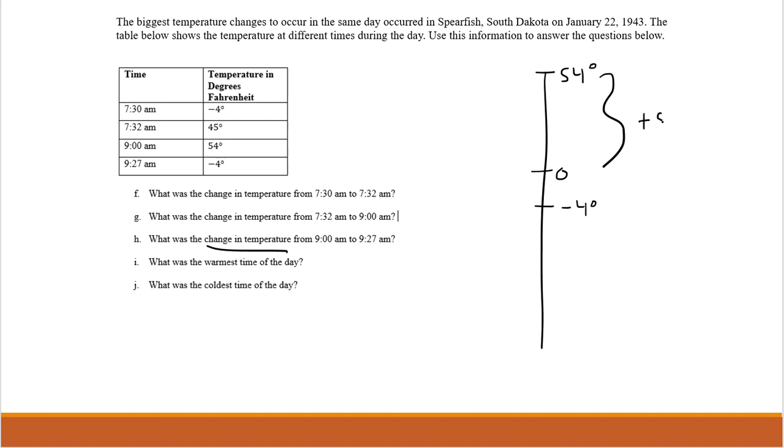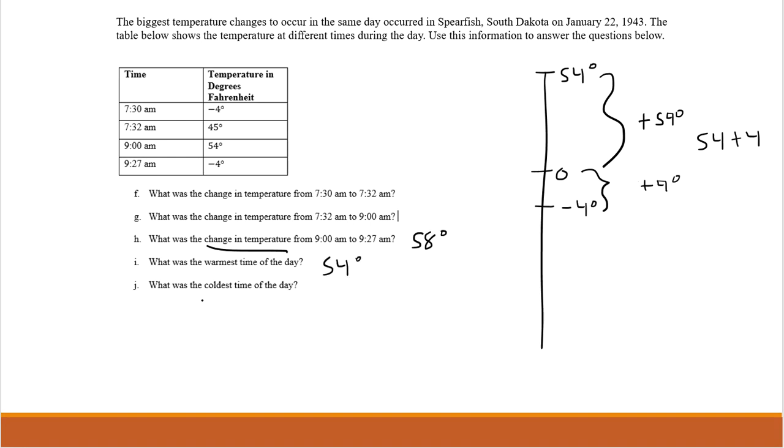So that's a change of 54 degrees. And then from here to here, it dropped another 4 degrees, so that would be a change of 4 degrees. So the total change would be 54 plus 4, which would be 58 degrees.